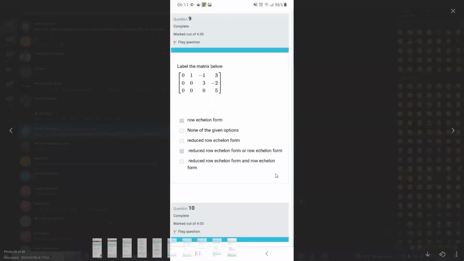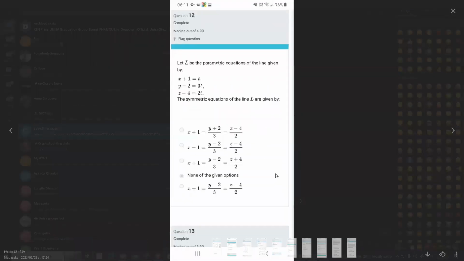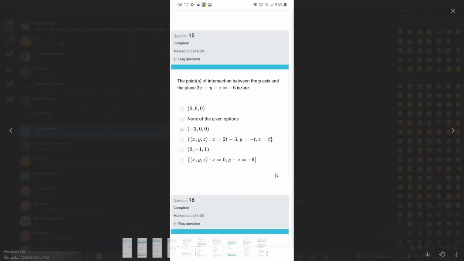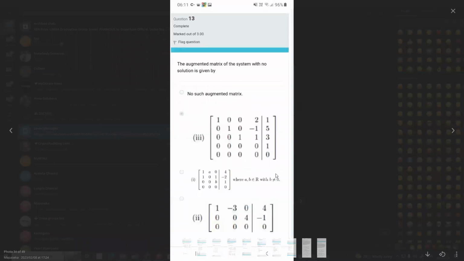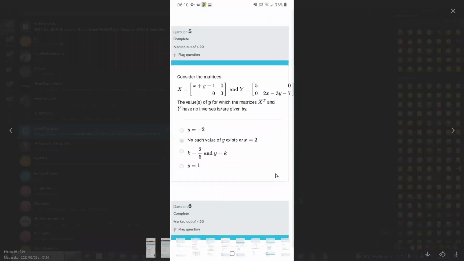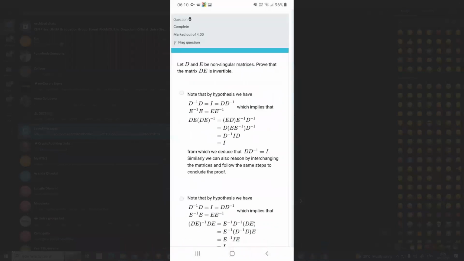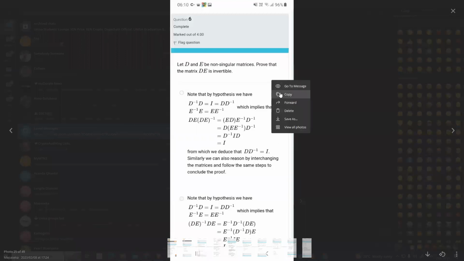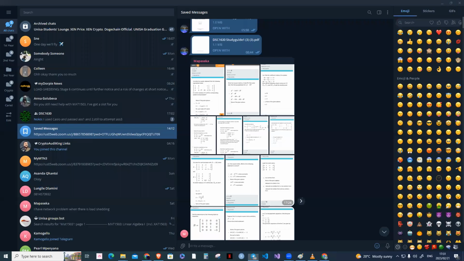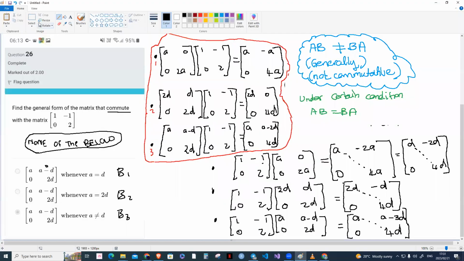This question is 27. Question is it? Yeah, it's this one. Let me just pause a bit. I'm just going to copy one of these pages and paste it here.